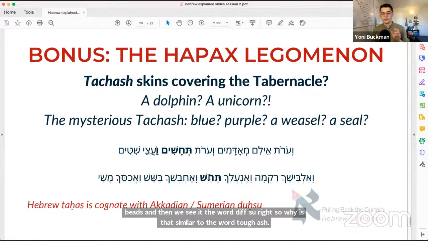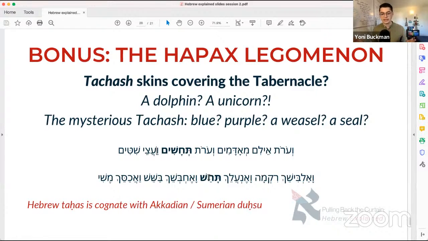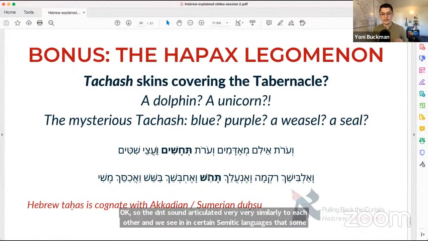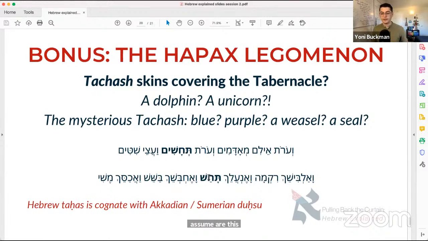And so dukhsu, tachash, or tachashim are most likely the same word. This was probably a loan word from Sumerian or Akkadian, that they used to have these beautiful things. Dukhsu in Hebrew turned into tachas, right? And that makes some level of sense, right?